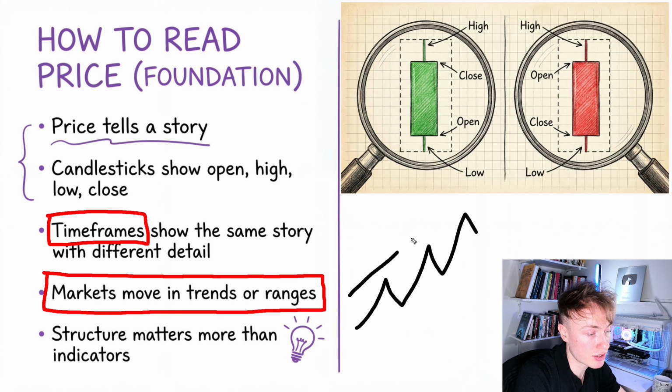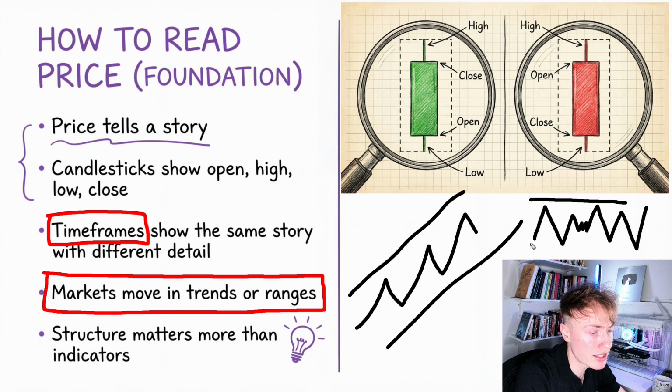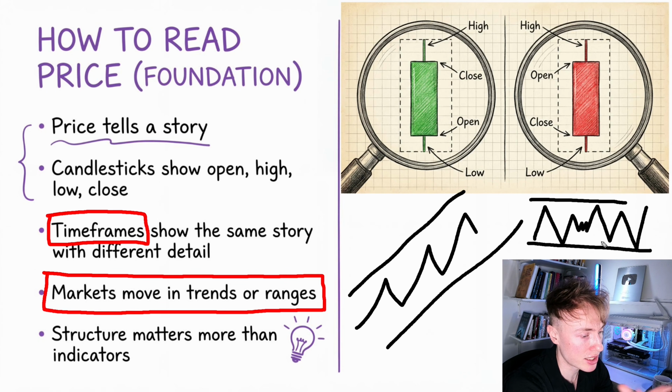So this right here is, for example, an uptrend. You can see we have an uptrend right here, while a range is when we don't really have a certain direction. The market might go something like this and basically sideways. And don't worry, we will talk more about uptrends, downtrends, and ranges very soon.